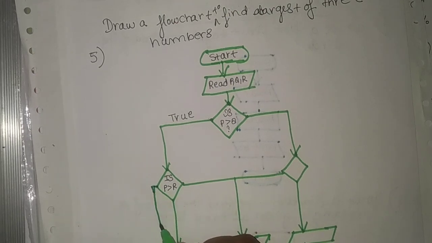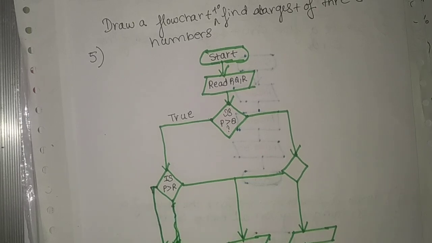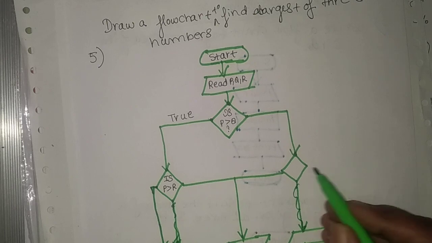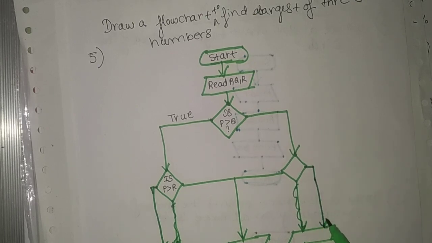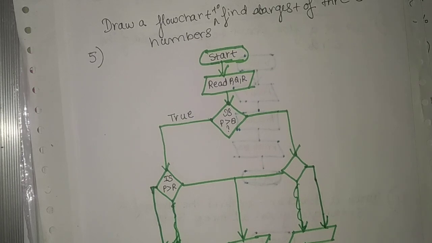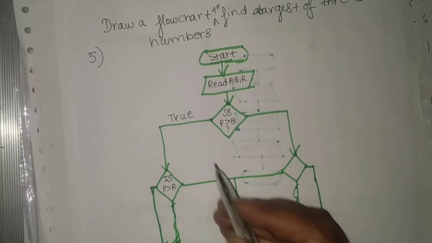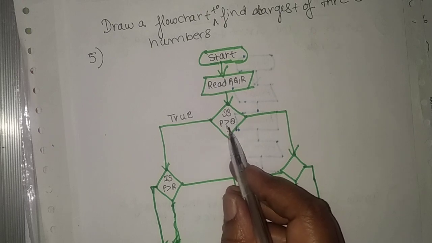Just write this. This is not correct. So here also the same thing. They should come from here. Then this is correct.